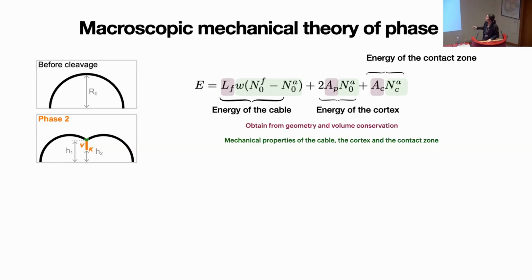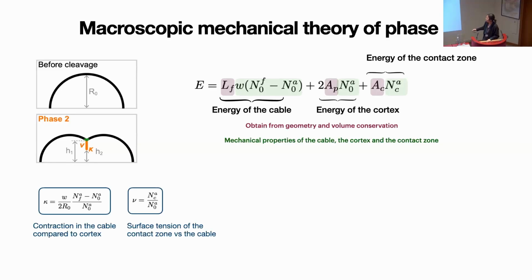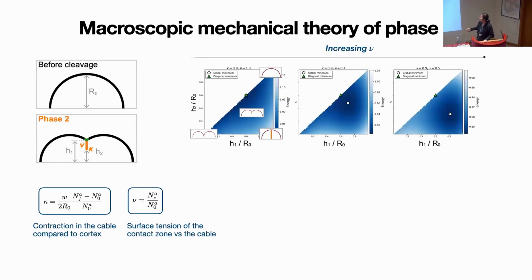All these terms are inherent properties of the cable, the cortex, and the contact zone, whereas the rest we can obtain from geometry and volume conservation, and they're all functions of h1, the height of the top point of the contact zone, and h2, the height of the lower point of the contact zone. It turns out we only have 2 dimensionless parameters. The first is kappa, the same as before, and the second is nu, which tells you how energetically favorable it is to make the new membrane contact area. With that, we have our energy landscape in both h1 and h2.